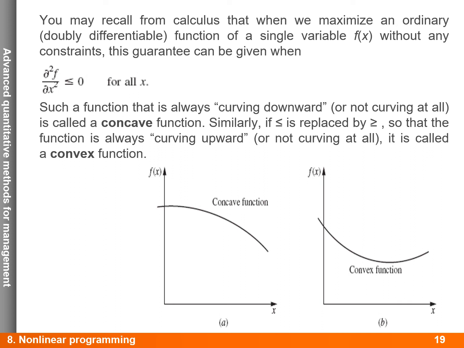When we are talking about nonlinearity, we are talking about terms in our objective function or constraints with the form of a square or higher. If the second derivative of my variable is less than or equal to 0, such a function is always curving downward, and we name it a concave function.